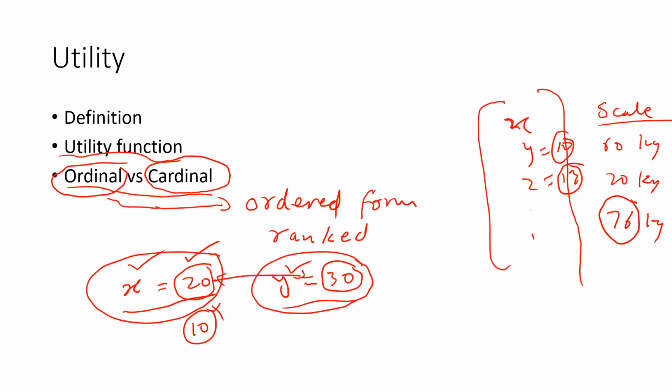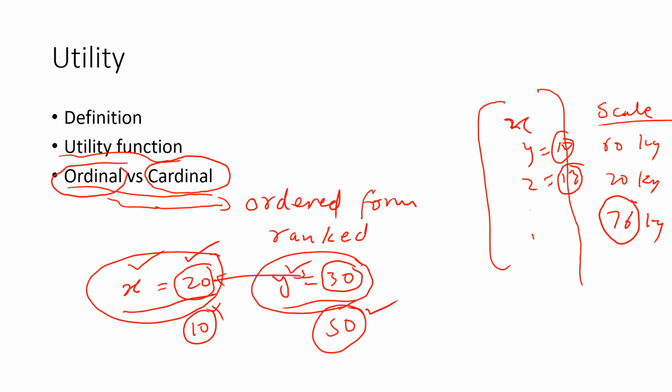Similarly, individual Y may also compare his utility with bread and he gets 50 utilities from bread, 30 from chicken. So he gets more utility from bread than chicken. But again, the same is true. His comparison with X is not possible.